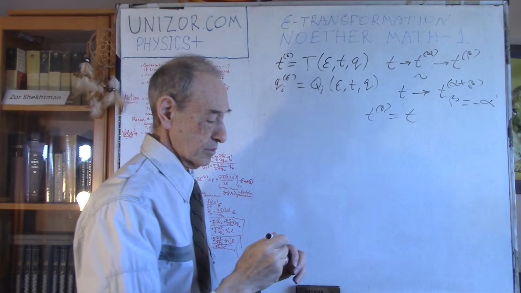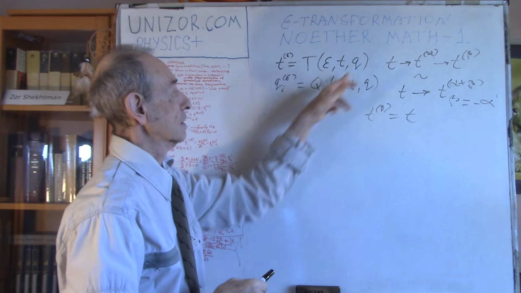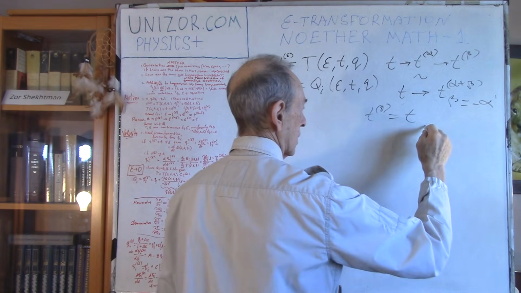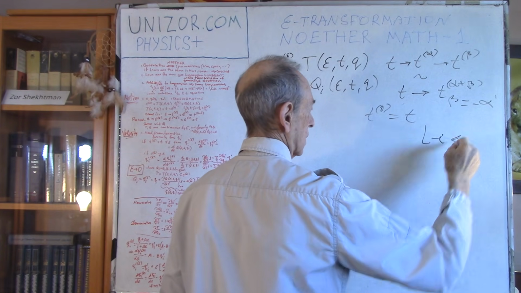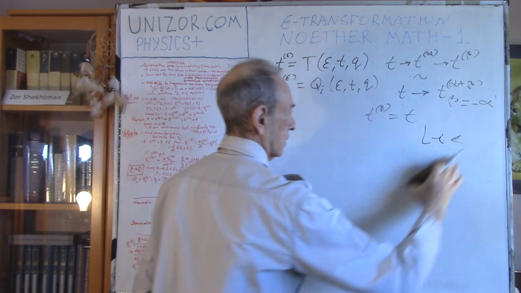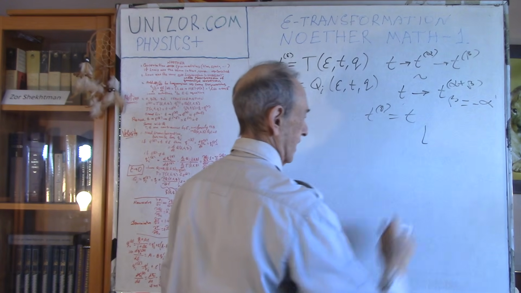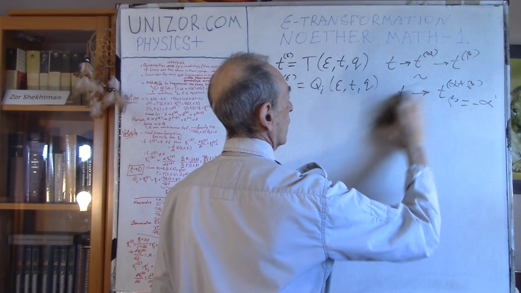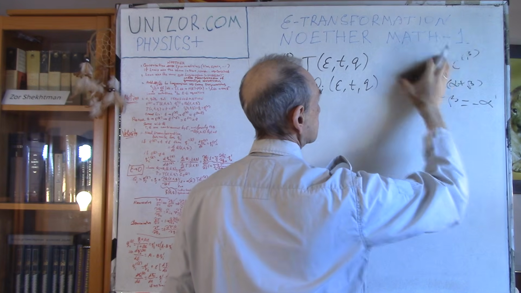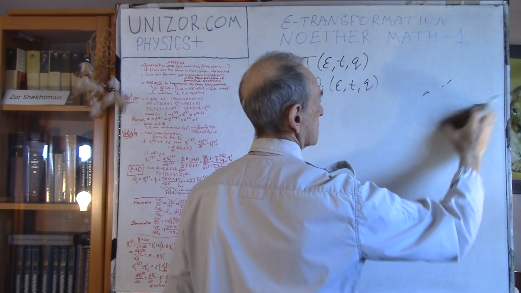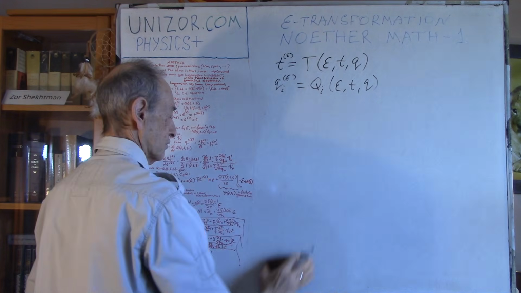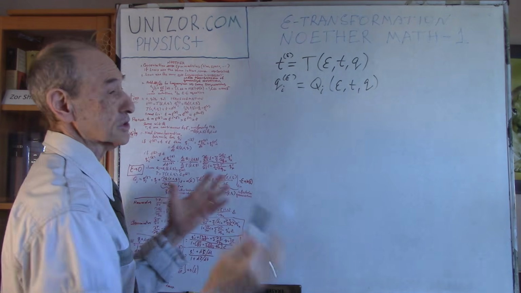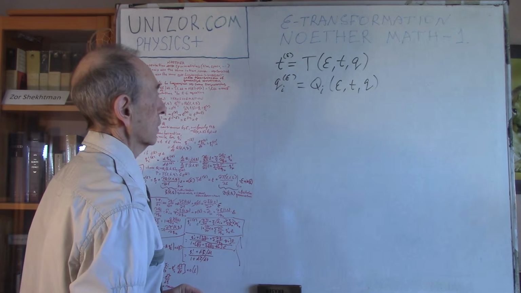So these are properties which make this family of transformations a Lie group. Lie is just the name, L-I-E. I think that's how it's spelled. All right, so these are just nice properties of our transformation functions, which are needed for our purely technical derivation.